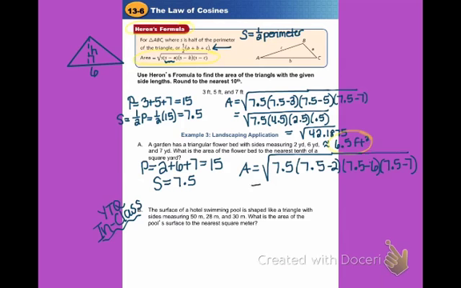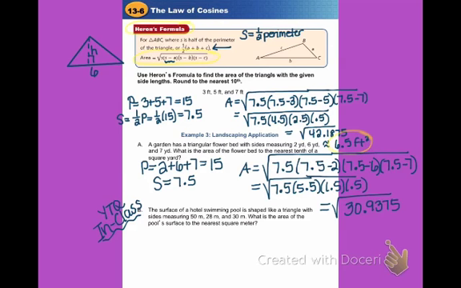And so let's see, the difference between 7.5 and 2 is 5.5, and between 7.5 and 6 is 1.5, and between 7.5 and 7 is 0.5. So we'll figure out what all these multiply to together and take the square root.